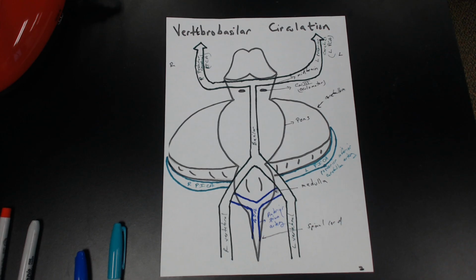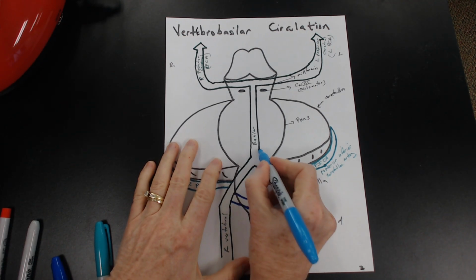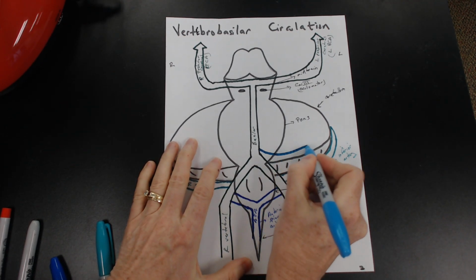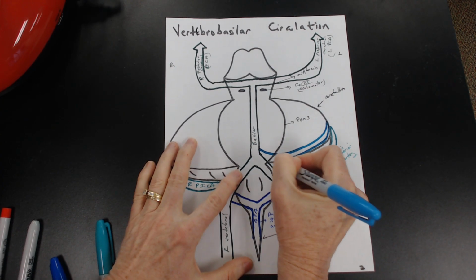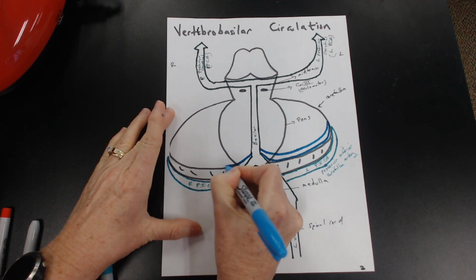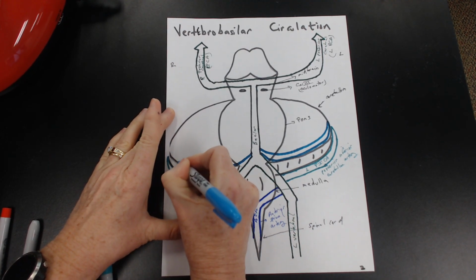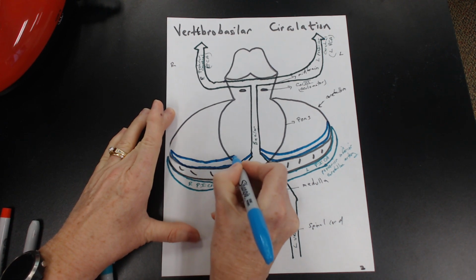Questions? Okay, and PICA has a sister. PICA's sister comes off the basilar artery. PICA's sister supplies the anterior inferior surface of the cerebellum with blood.